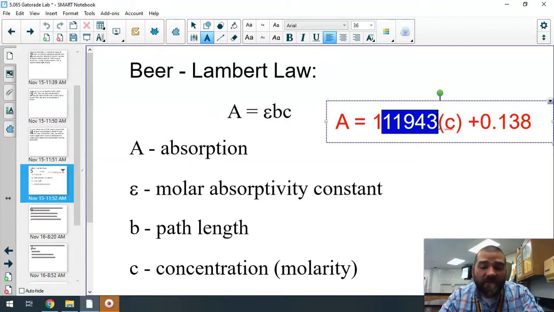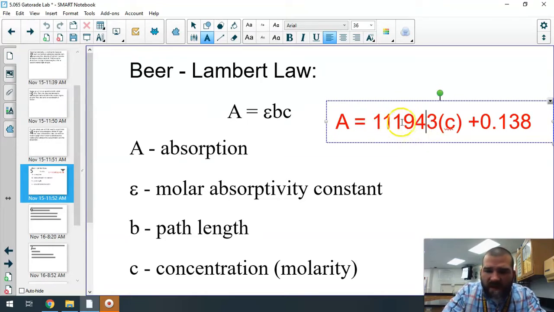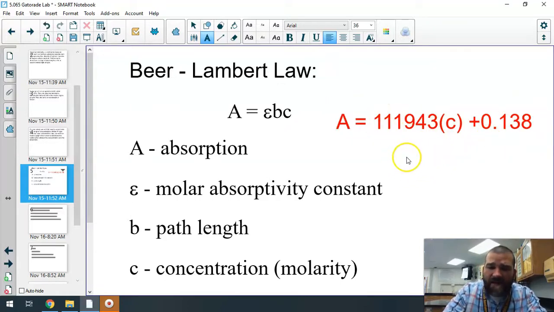If you were doing this in the real lab, working in different groups, you would get different numbers for your slope. They'd all be kind of close, right? I would assume they're all in like the 110,000 range, 112,000, mine's pretty close too. But they're not going to be the same. And that's okay. That's what data is, right? When you collect data, it's not going to be perfect. That's how life works. So this is our equation from the data that I collected.